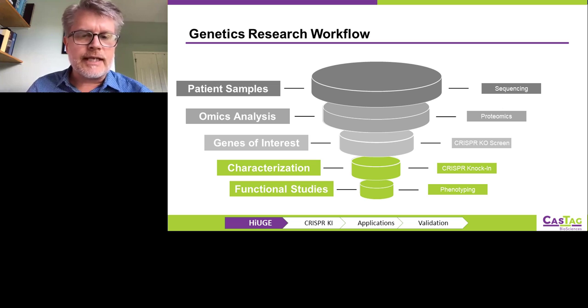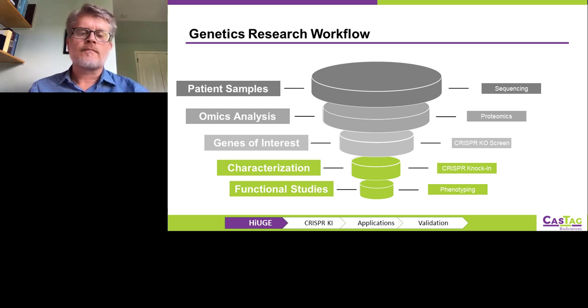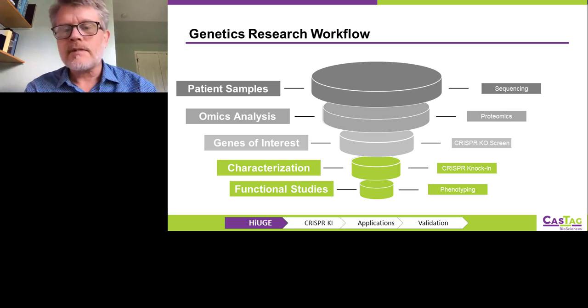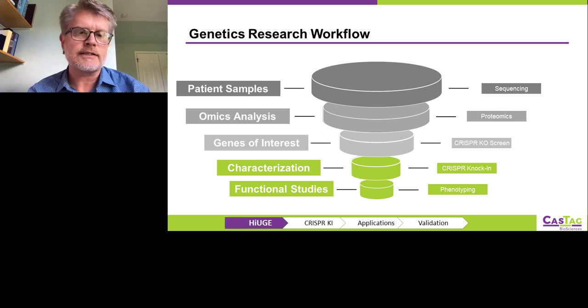So the last two steps, which are the CRISPR knock-in for characterization and functional analysis, are two steps that really became bottlenecks in my own research laboratory as we identified hundreds of proteins through proteomic data sets.